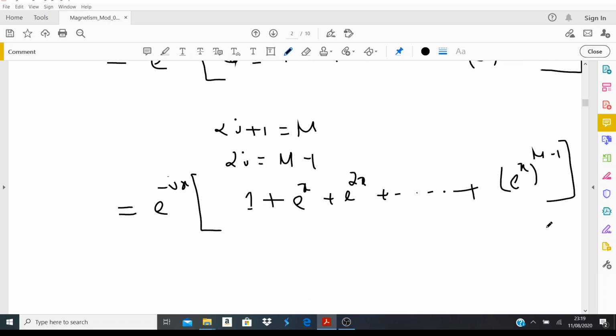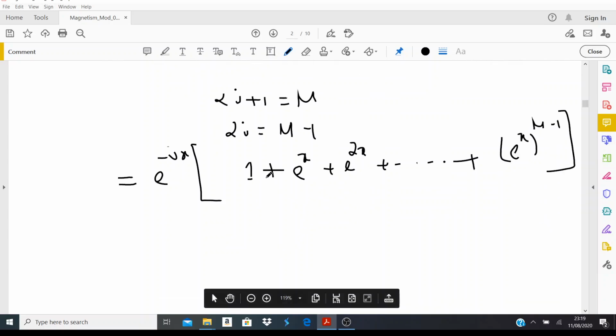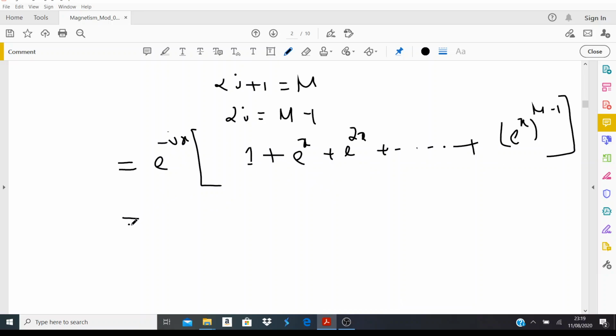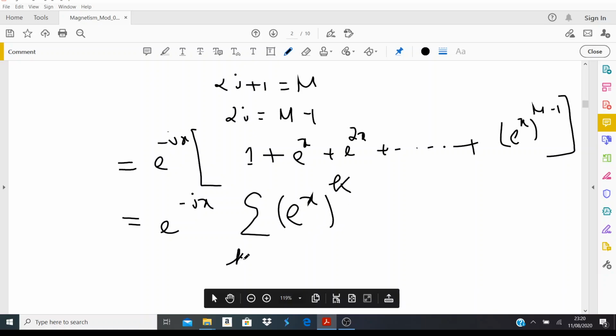And now you can think that this is a geometric series where the ratio of successive terms is e to the power x, right? So that's your ratio. So now you really write this series like some power k, where k runs from 0 all the way to m minus 1.